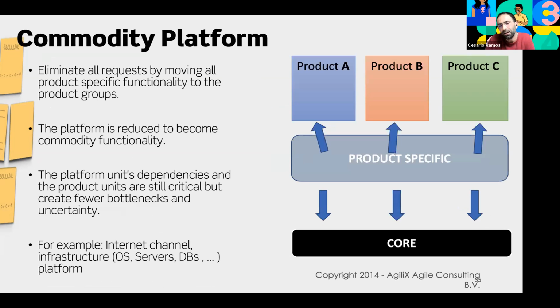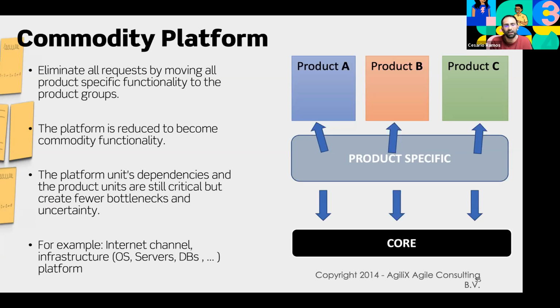That is, what can we do so that the platform is reduced to just commodity stuff, meaning it contains functionality, it contains algorithms that are not very sexy, not very specific, not very special to the product.